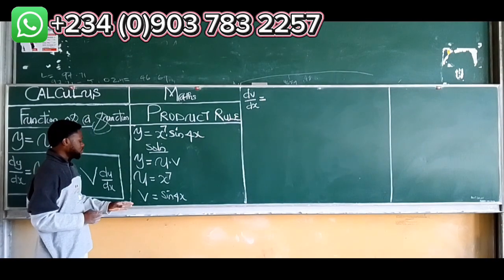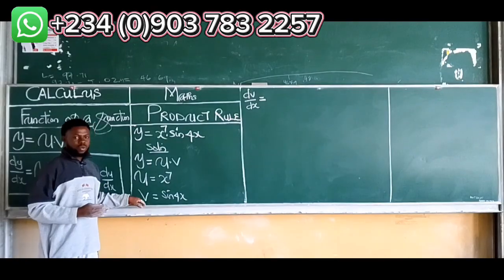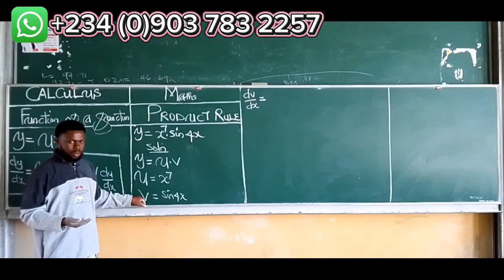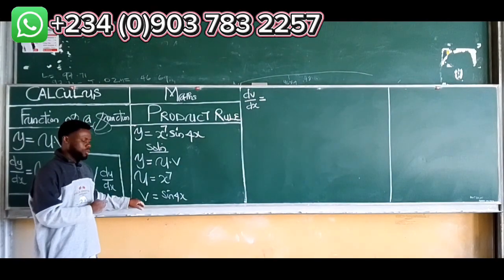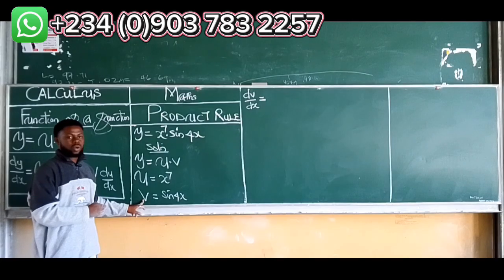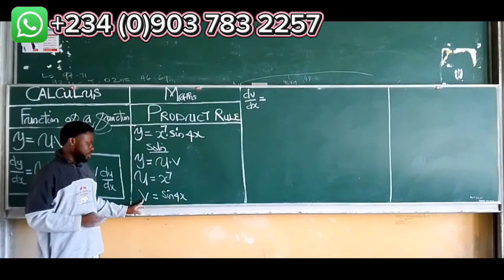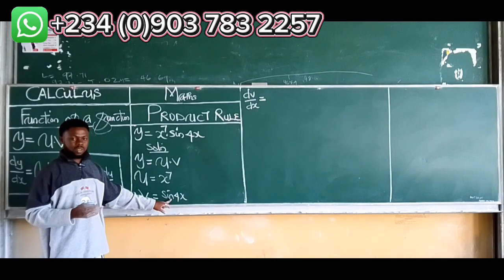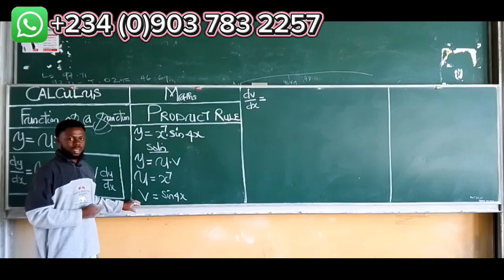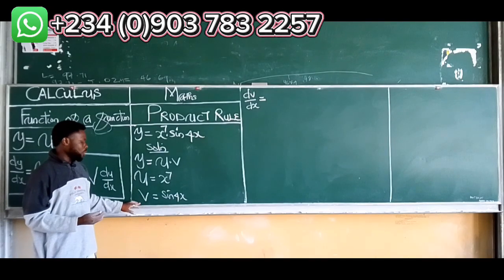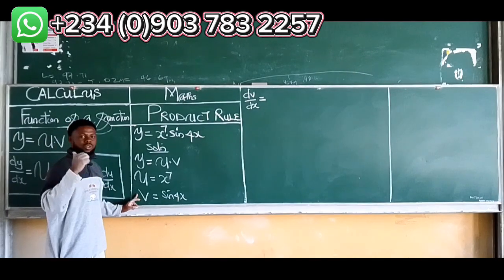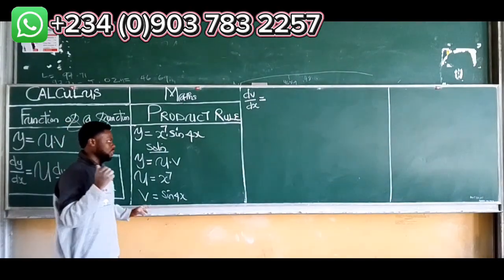In our previous video, when we were discussing chain rule, the dependent variable at this point was y, while the independent variable was x. That is to say, y was expressed as a function of x. So we are going to solve this with regard to what we did under chain rule in our previous lesson.